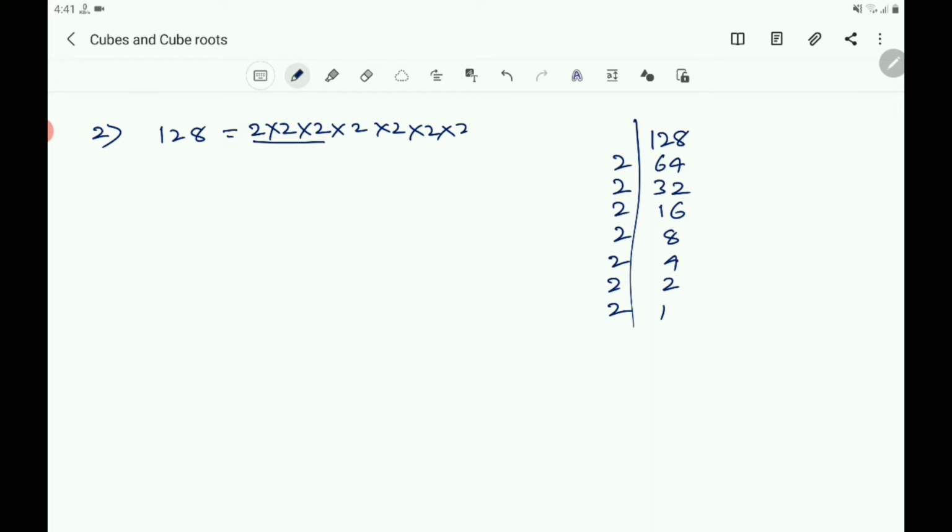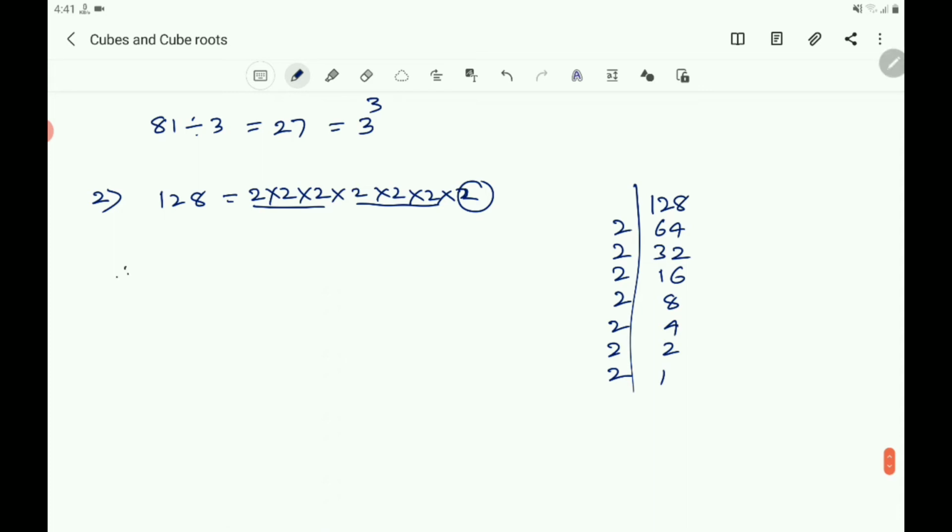Now you take the group of triplets here. 2 is extra here. So what you can say? Here 128 must be divided by the smallest number 2 to make it a perfect cube.